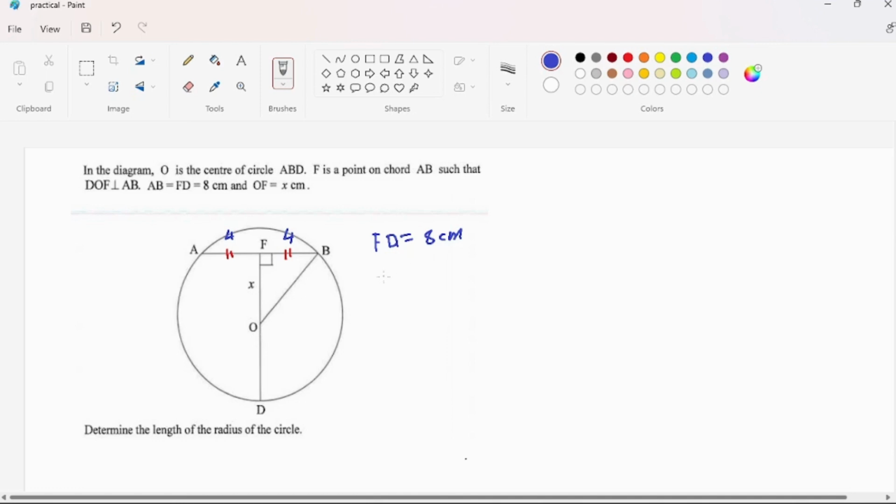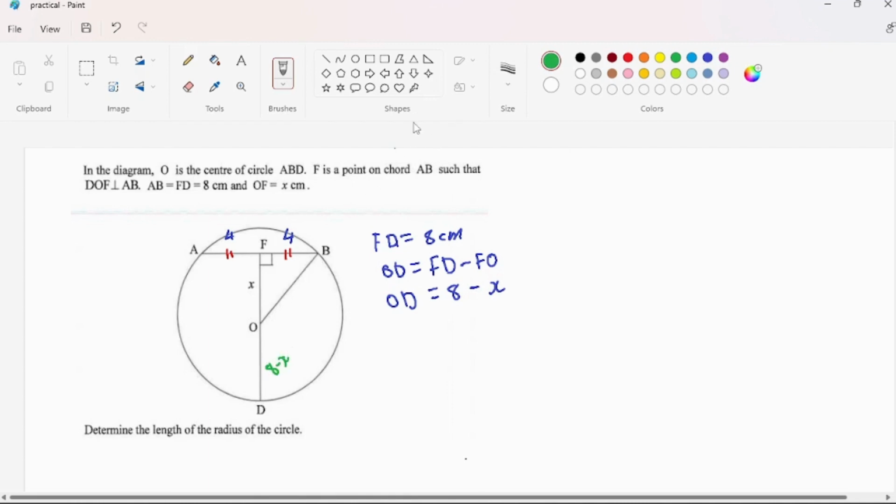DO, right, is equal to FD minus FO, right? So OD is equal to, what is FD is 8, FO is X, right? So we are going to include this on our diagram. This is going to be 8 minus X.